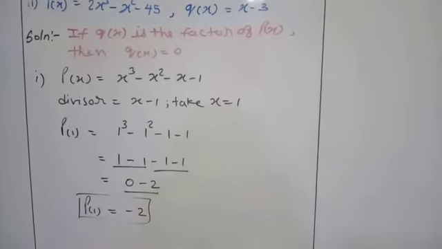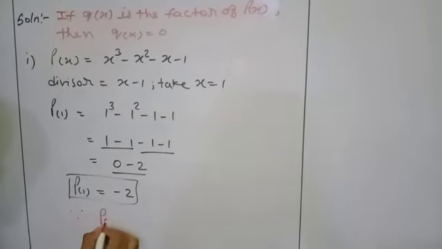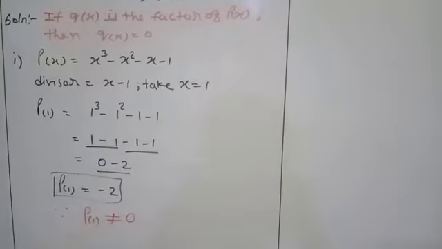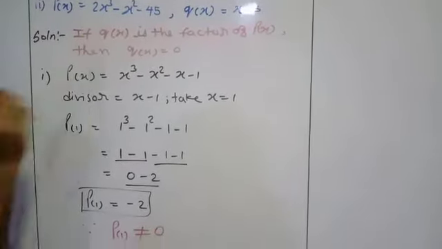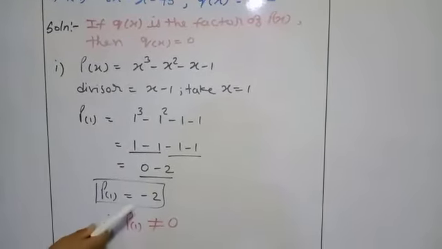That is the value of P(1). So here, because P(1) is not equal to 0, if it could be a factor we would get the answer 0, but here we are not getting 0, we are getting minus 2.